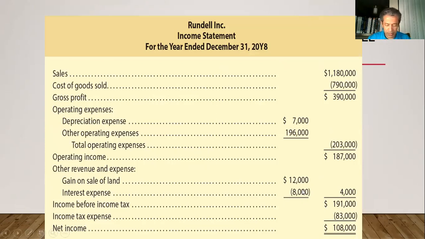You have to subtract the $12,000. The depreciation adjustment was because it was non-cash. The gain on sale of land is adjusted because it's non-operating, and then interest expense is okay. And then we need to do the working capital adjustments now.